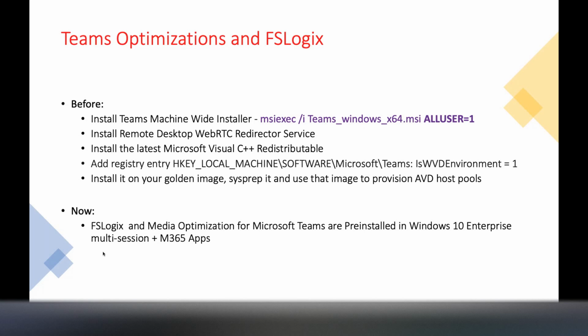And customers told us, oh man, this is too much of a manual process for me. So we listened to the customers' feedback and we made it much simpler for them.